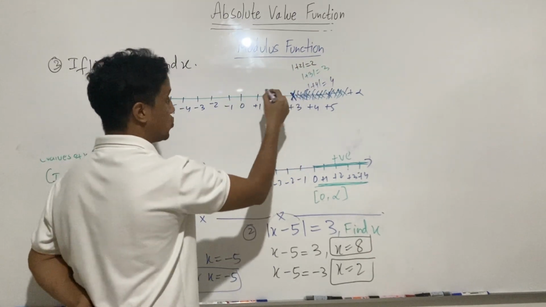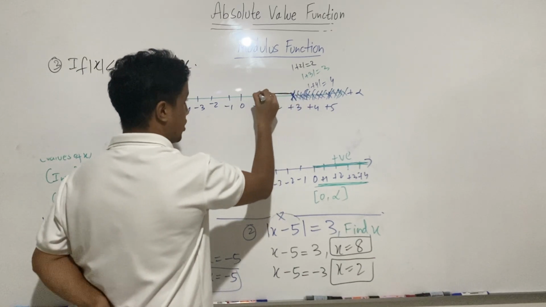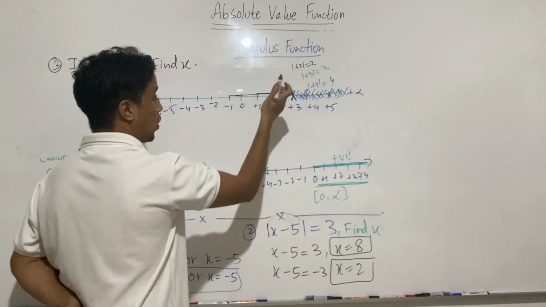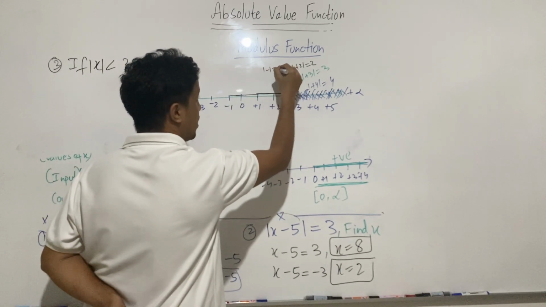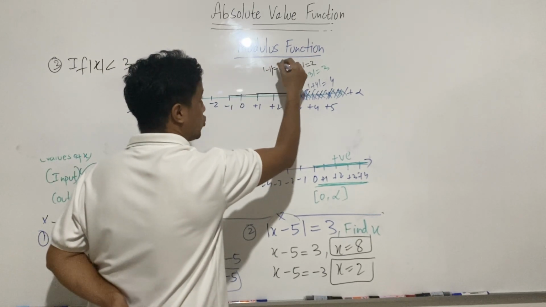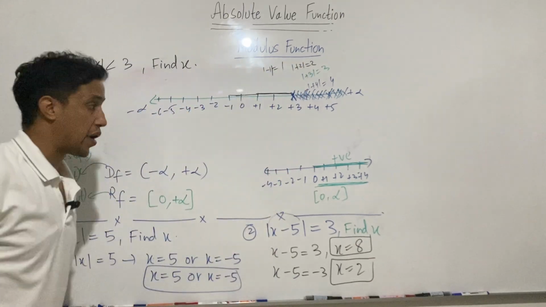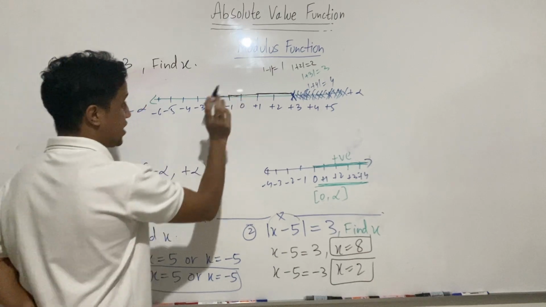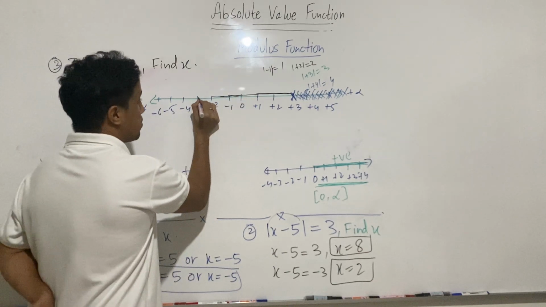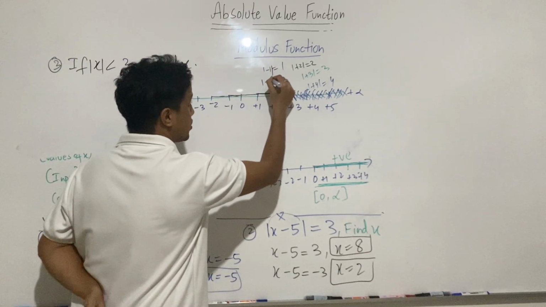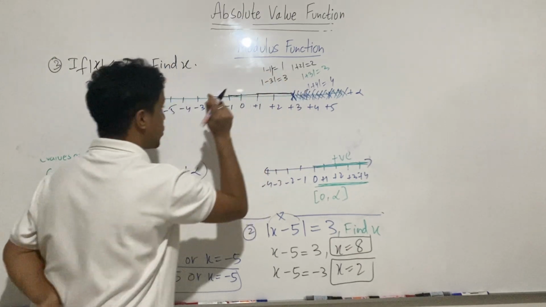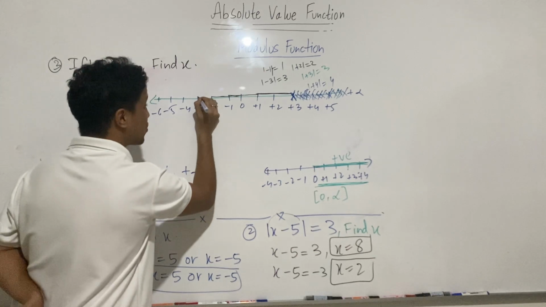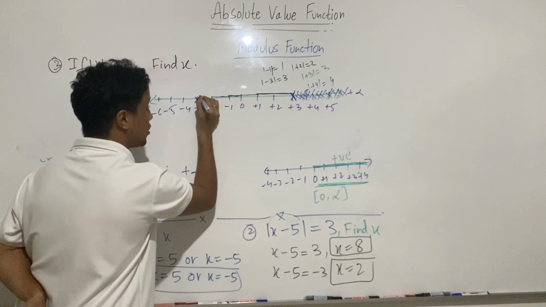Yes, this will come, 2. This 0, yeah, here, minus 1. Now see here, minus 1, the absolute value is 1, right? So it's less than 3. Then minus 2, yes. Now minus 3, the modulus function of minus 3 is 3, but it says less than 3, so this 3 is not going to be part of it.